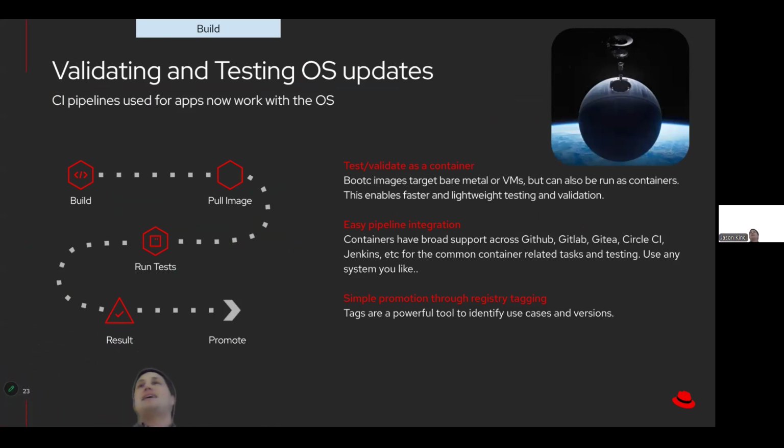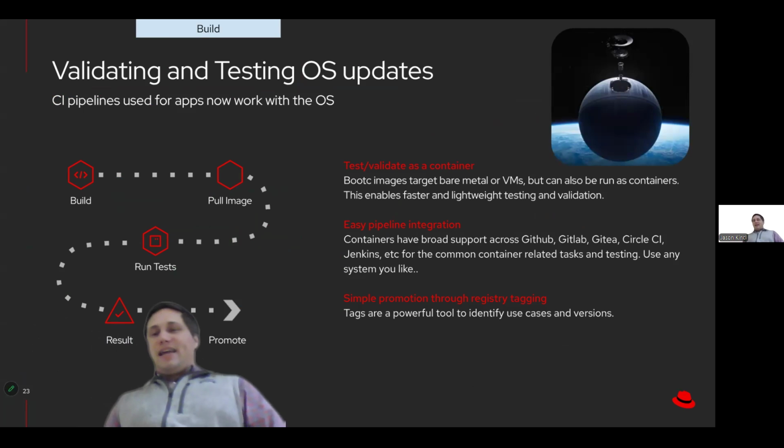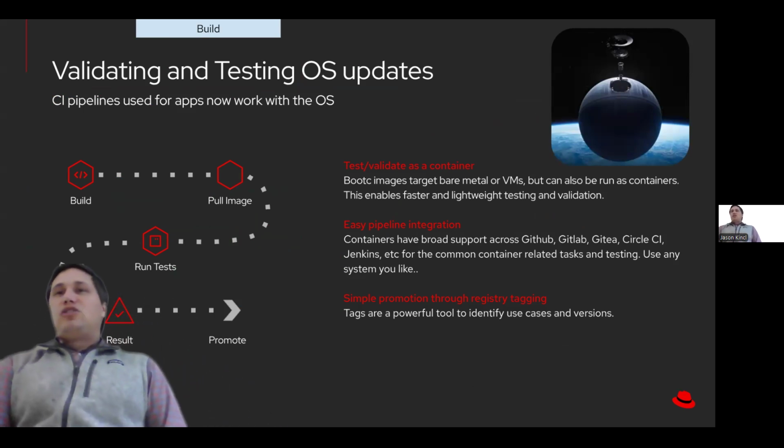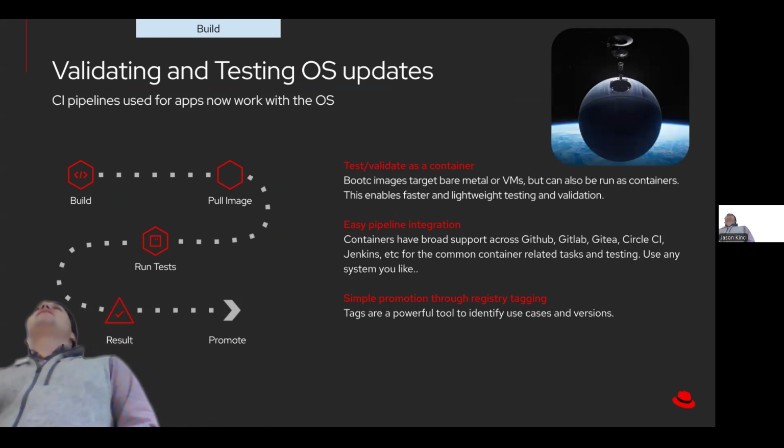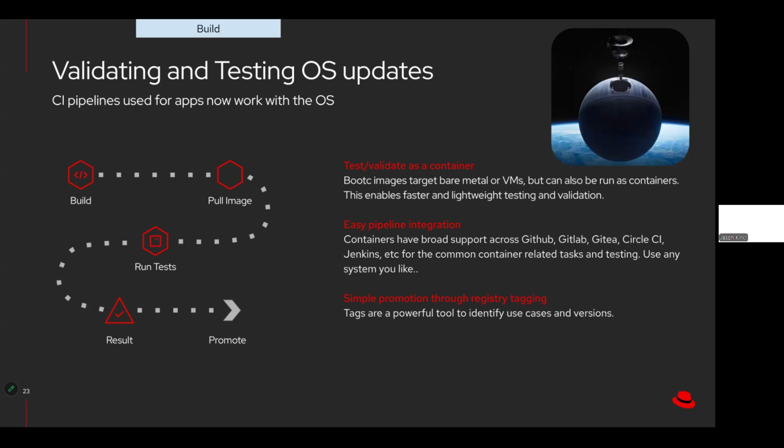Being able to validate and test that your Death Stars are okay, and use the exact same tooling and infrastructure that you already have in place for your container environment, is good, right? Hopefully we can get some speed up here because we already have this infrastructure deployed to manage and maintain containers in our environment.